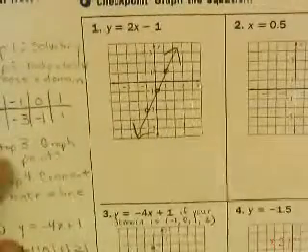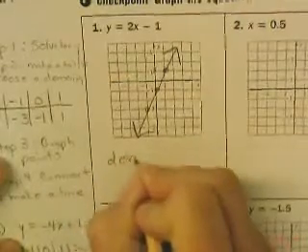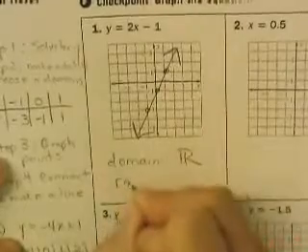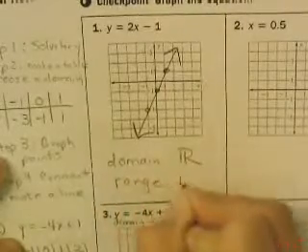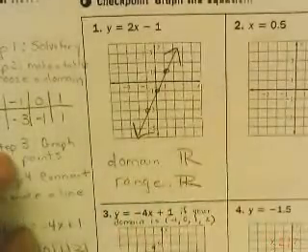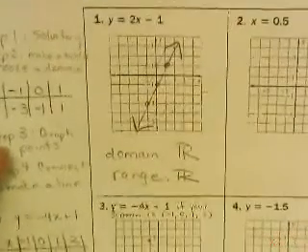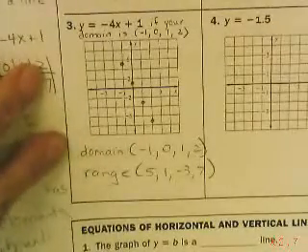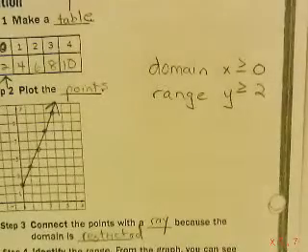For number 1, my domain was all real numbers and my range is all real numbers. So notice there must be similarity between your domain and range. If your domain is all real numbers, your range is probably all real numbers. If your domain is 4 elements, your range is probably 4 elements. If your domain is an inequality, your range is probably an inequality.